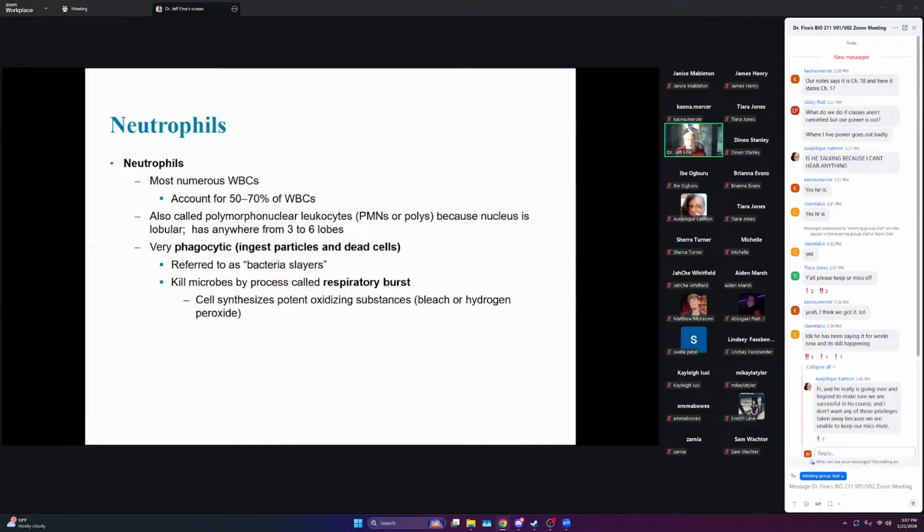But they kill bacteria with what's called a respiratory burst. They actually produce substances very much like a bleach or a hydrogen peroxide that they physically inject into bacteria, which causes those bacteria to explode into tiny little particles, and then they gobble them up, ingest them, and get rid of them. Okay, so neutrophils are garbage collectors, a cleanup crew, and also monitoring and killing bacteria.